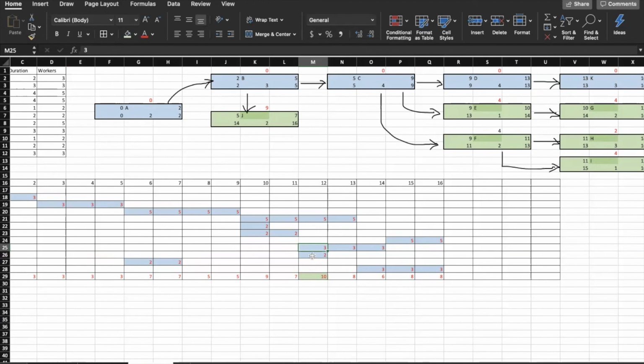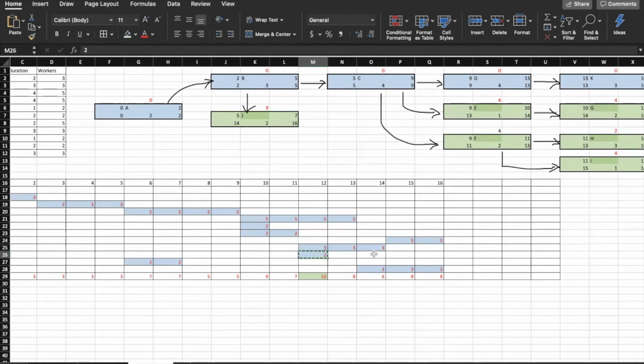However, if we move those 3 and add them to the 8 on the 15th and 16th day, it will give us 11 workers on day 15 and 16, which is more than 10. And I don't think this would be a good idea.